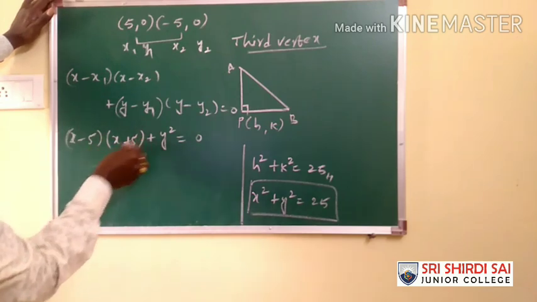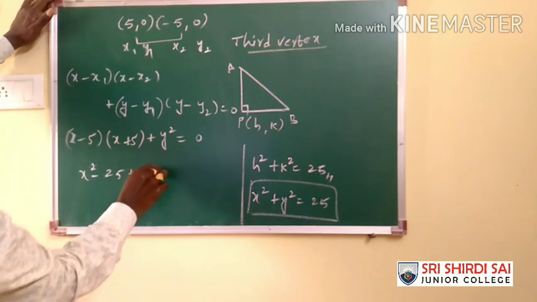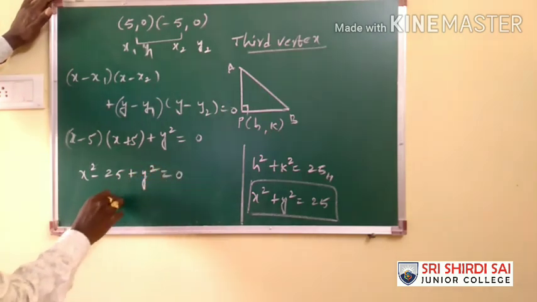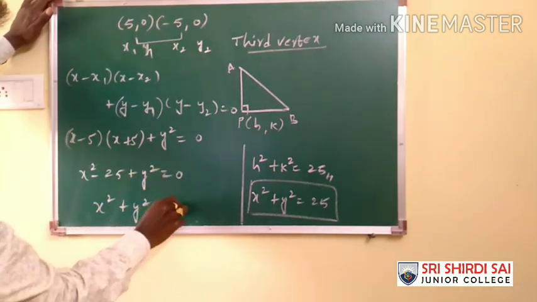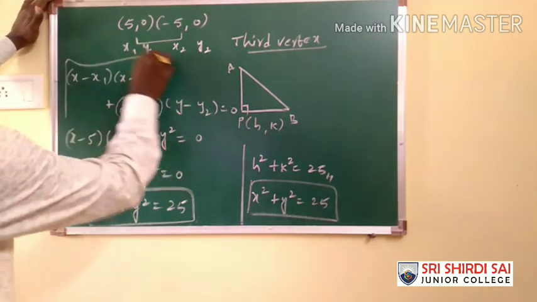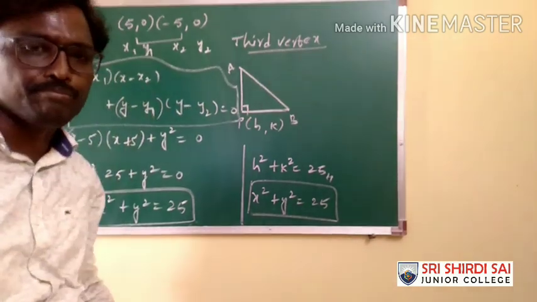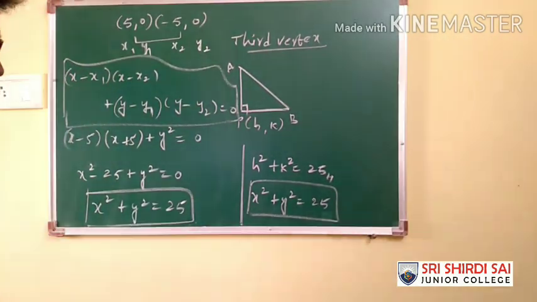So (x minus 5)(x plus 5), x square minus 25 plus y square is equal to 0, and hence x square plus y square is equal to 25. If you can remember this shortcut formula, you can close the problem easily, hardly 10 to 15 seconds.